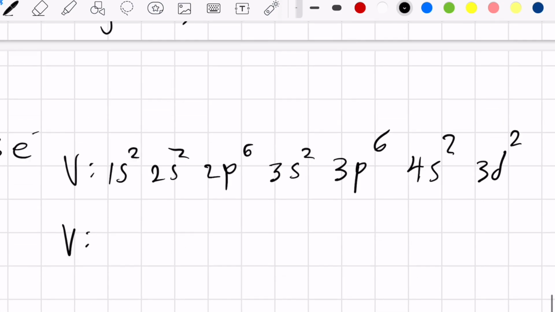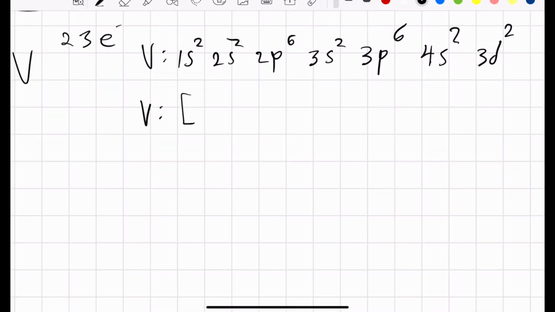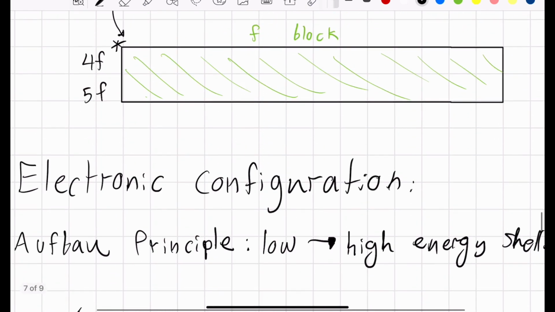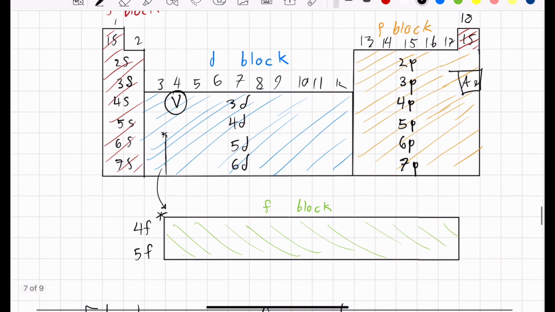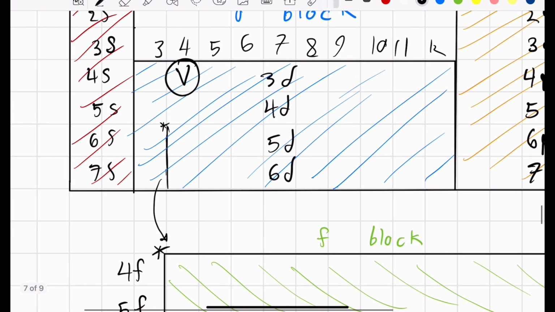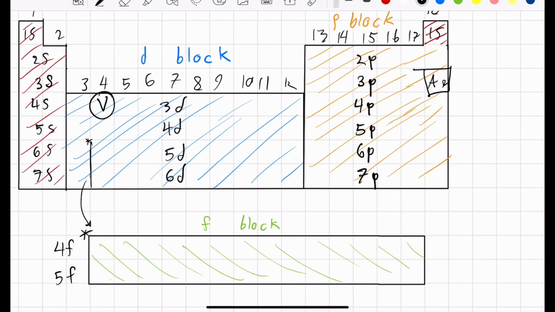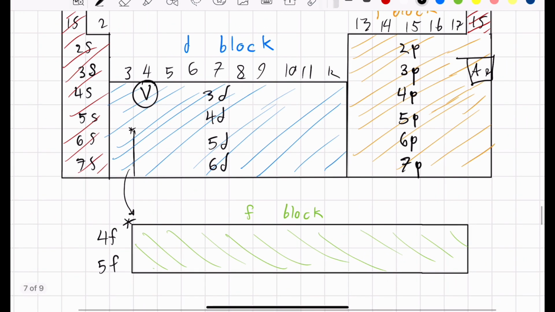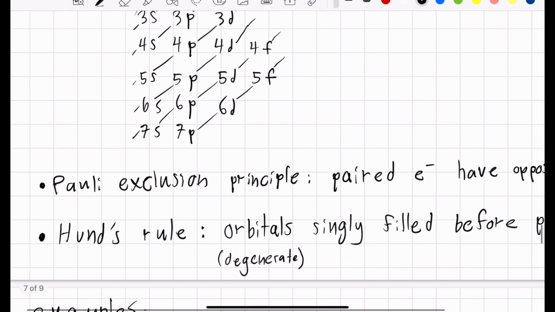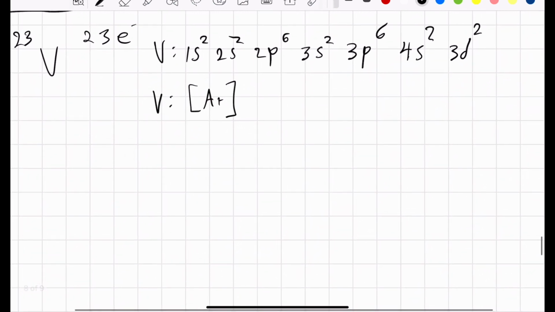So the way we denote this is we write Ar and then we continue as usual. So we assume we just did the 3p orbital and we filled that and everything before that, and then we go on to 4s, and then it's the same thing, 4s2 and then 3d2.